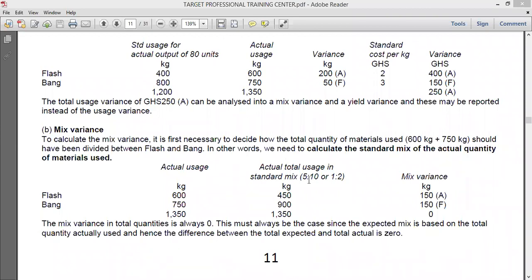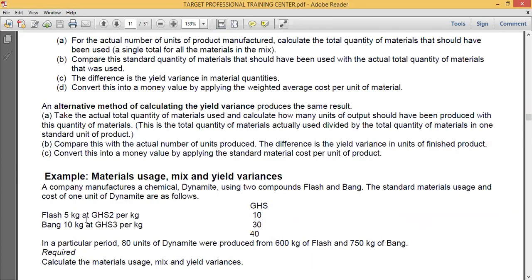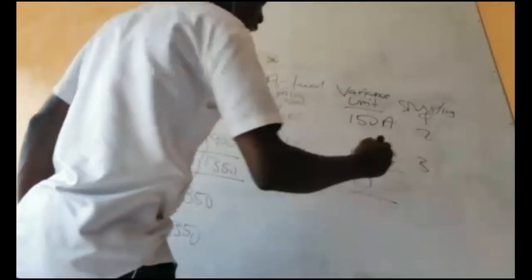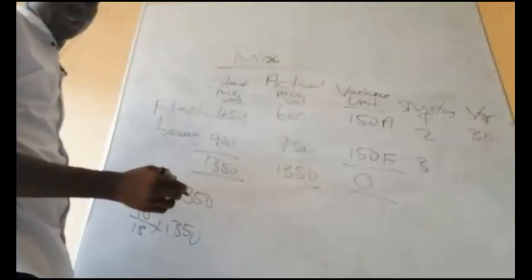Good. So that will give us the solution. So the standard price per kg is for 2 series and 3 series, right? Yes. So let's put it up. So this one gives us 300 Ghana. So this is the actual variance in Ghana cedis. So this one gives us 300. Agreed.